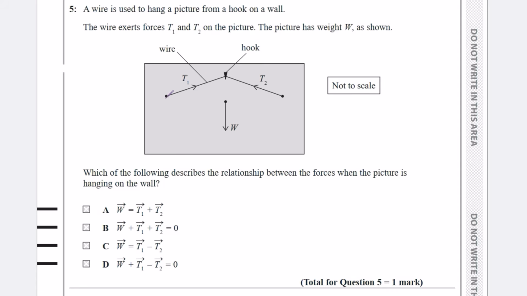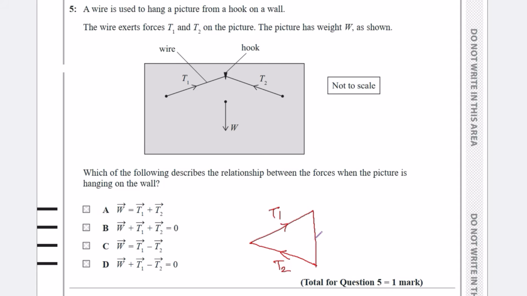So what I can do is keep T1 as it is. T1 is in this direction, and at the tip of T1 I put the tail of T2, because always remember vectors must be arranged tip to tail. So this is T2, and W comes in this direction.